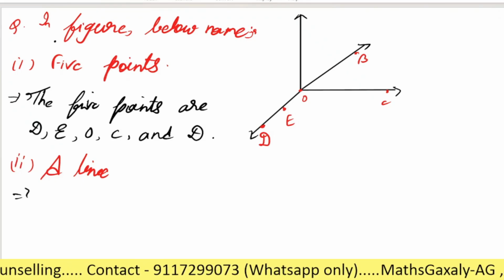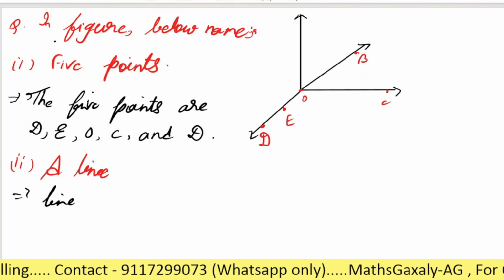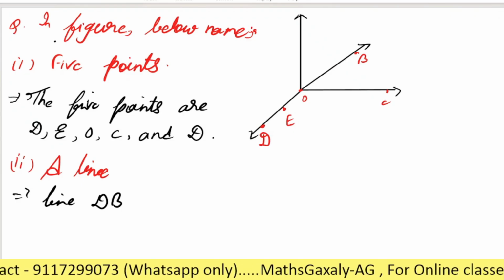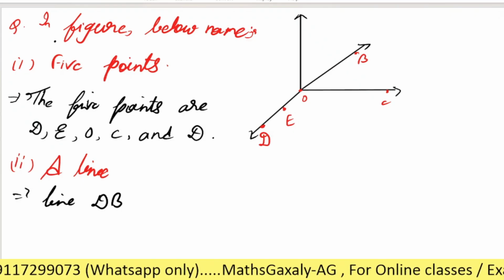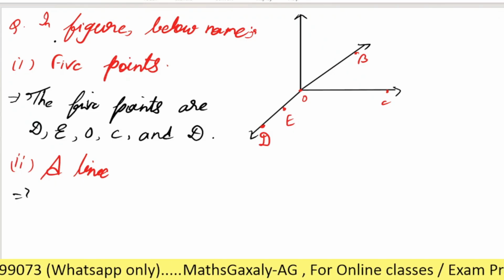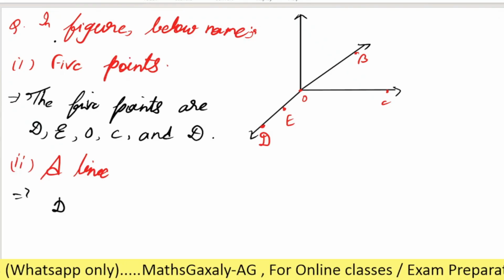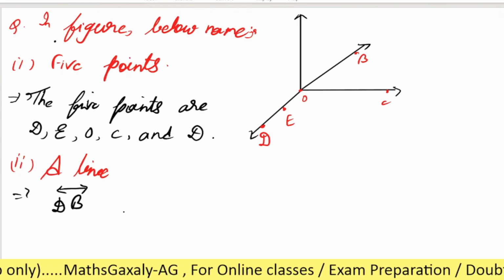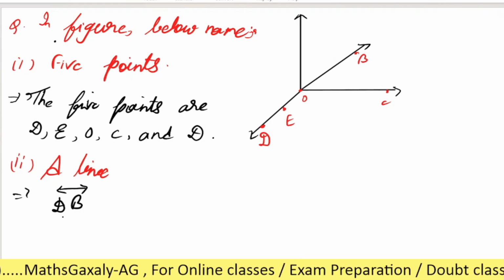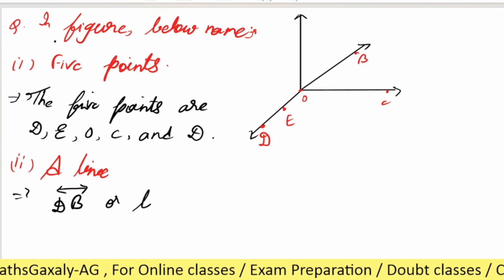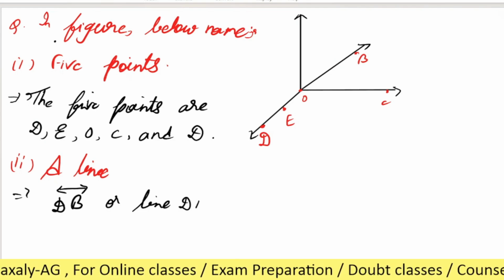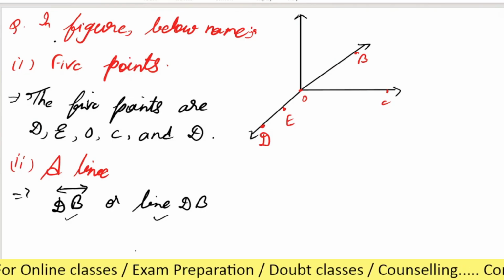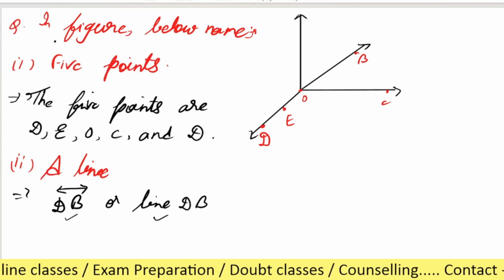Or if you want to write it in symbol form, you write DB and above it give the symbol of a line. You have to write either this one or this one. Is it clear?